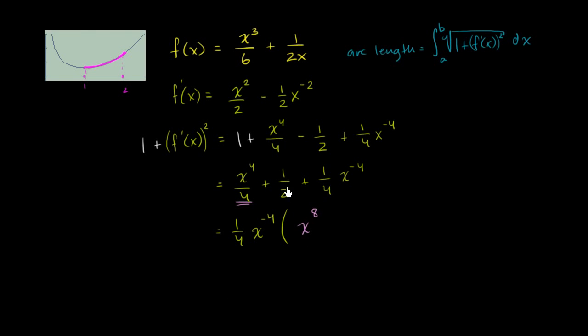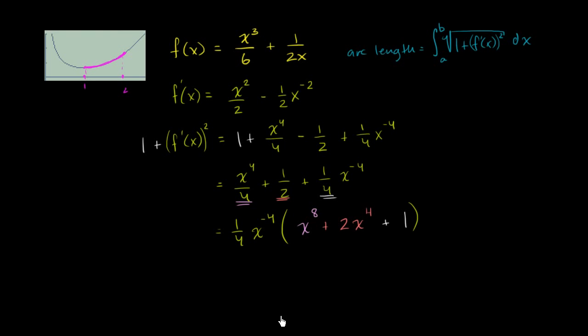Now, this term right over here, if I factored out a 1/4, it's going to be 2x to the 4th. Once again, this is the powering through the algebra part. So plus 2x to the 4th. And then this one is pretty straightforward. This is just going to be equal to 1. So plus 1.